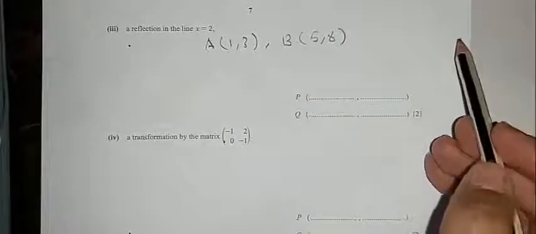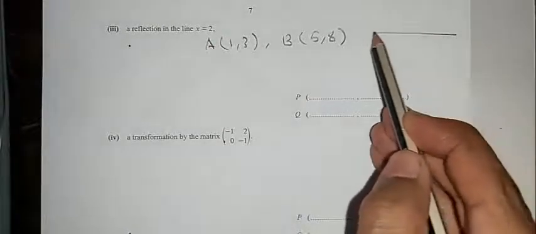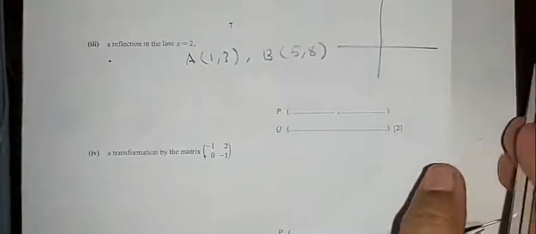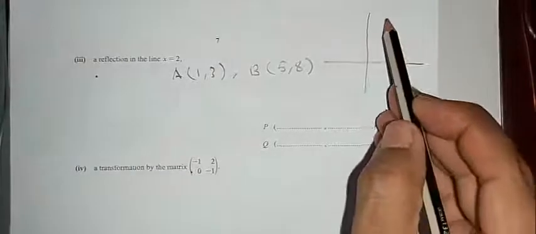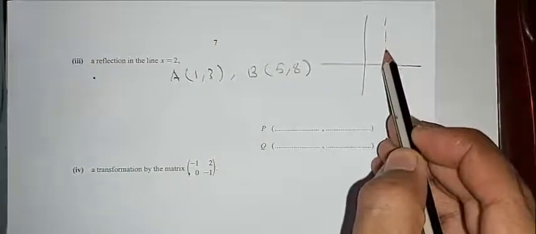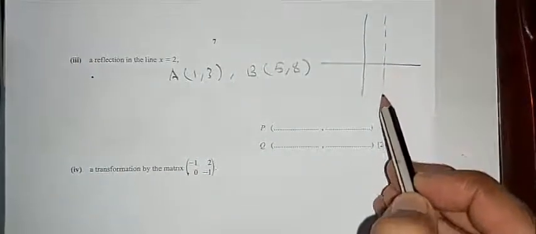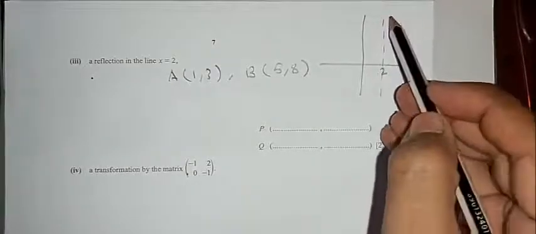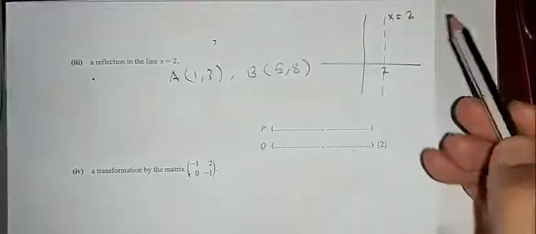So if we draw coordinates like that, okay, this is the line, 2 here. This is the line x equals 2, okay.